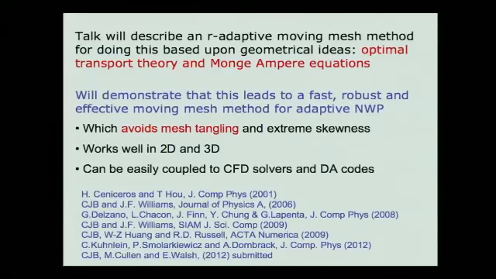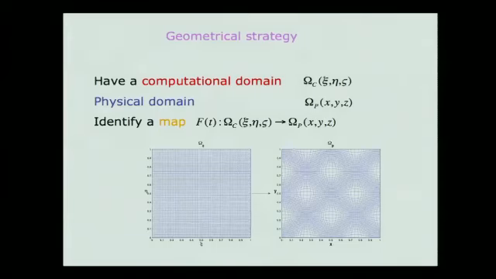Okay, well, let's address the problem you raised and show you what I'm trying to do. So the way I think of R adaptivity is not to think in terms of meshes at all. I think of it in terms of maps. So basically, I have some domain. I shall call this the computational domain, and I'll always call that omega c.